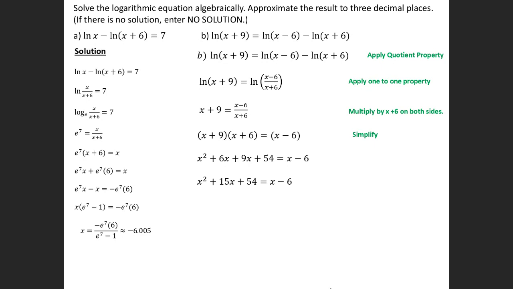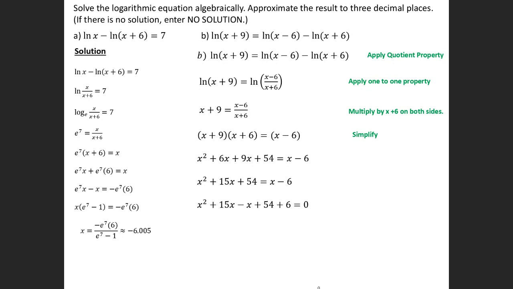Let's go ahead and move everything to one side. We're going to end up with a quadratic equation, and we know that because the highest exponent is a 2. So I'm going to subtract an x on both sides, and to move the negative 6 to the other side, I'm going to add a 6.